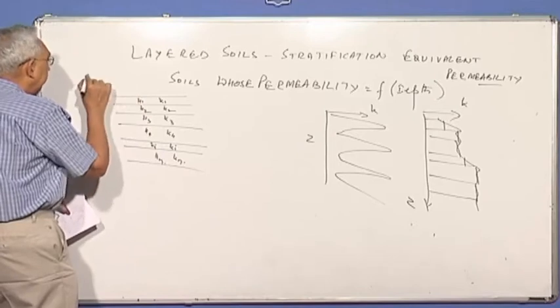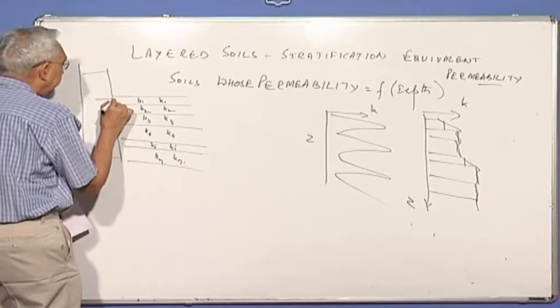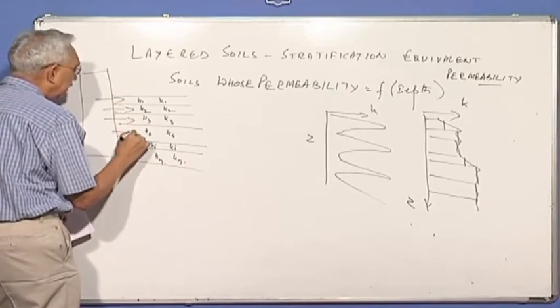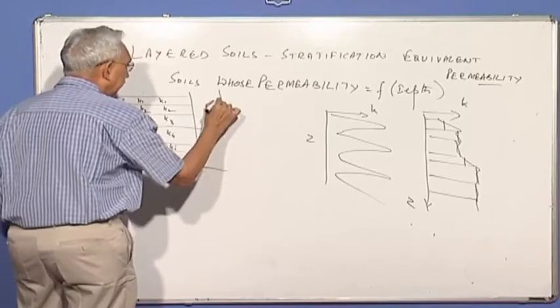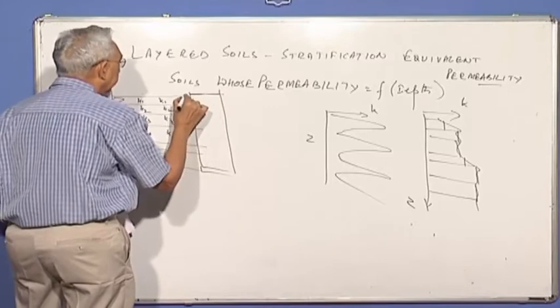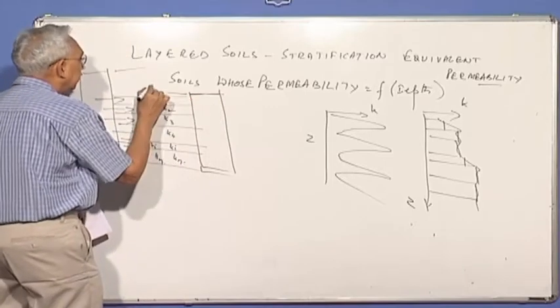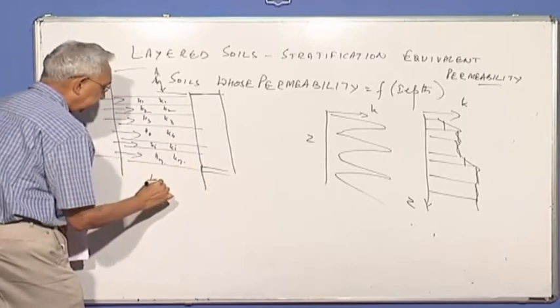Let us say I have a reservoir here and the flow is taking place along the stratification, and this is the downstream water level and the water level is somewhere here. So the head loss is H and the distance between these 2 points is L.